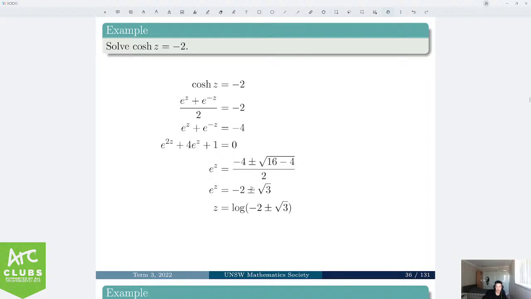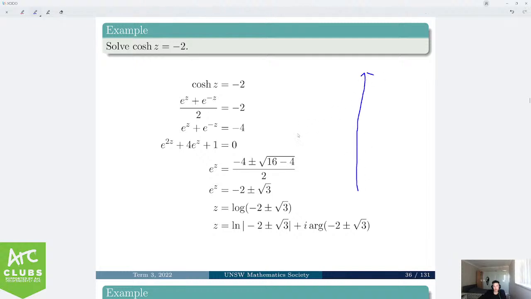We can take the log of both sides, and this is going to be the multi-valued log, which is defined by ln absolute value of that over here, plus i times the arg of the second number.